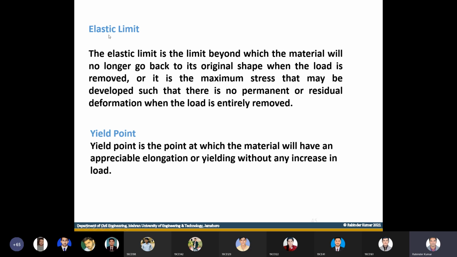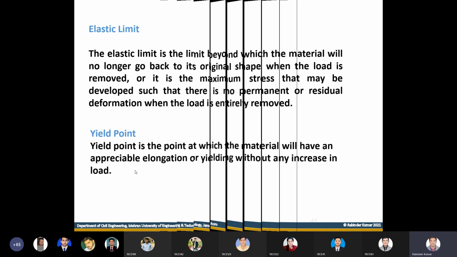Because if you stress the object beyond this point, yield will start. Permanent deformation will start, so the material will not bounce back to its original position. It will show you some deformations. Now yield point is the point at which the material will have an appreciable elongation or yielding without an increase in the load. So this is the yield point.